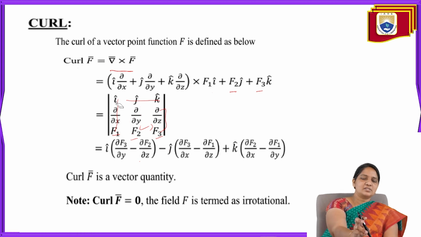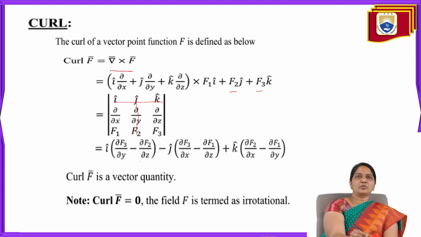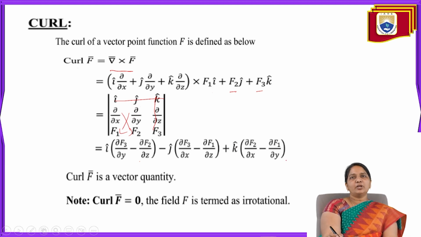When you are considering j, the remaining four values, cross product of these two values, give dou F3 by dou x minus dou F1 by dou z, plus k. When you are considering k, we do the cross product of the remaining values: dou F2 by dou x minus dou F1 by dou y. So this is the formula for curl F or del cross F.